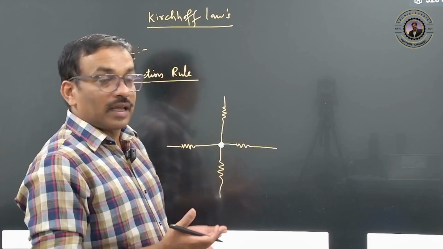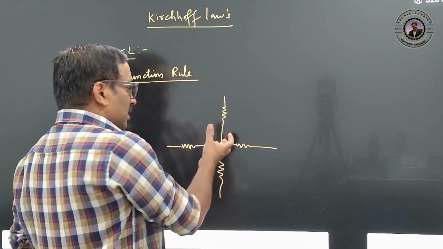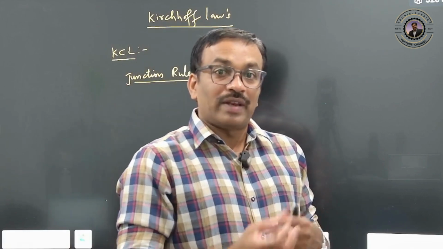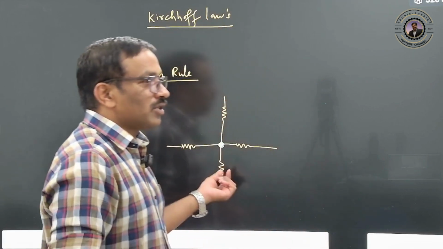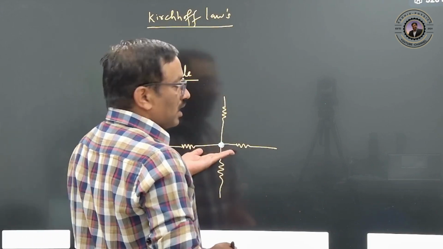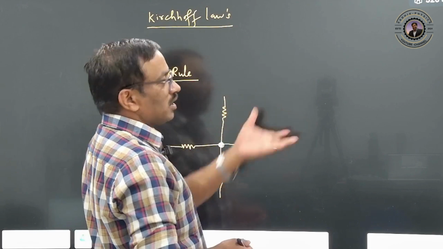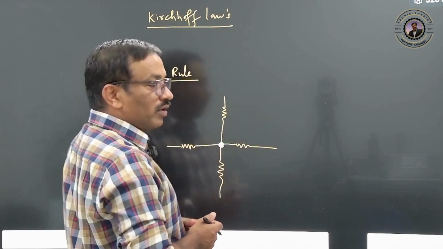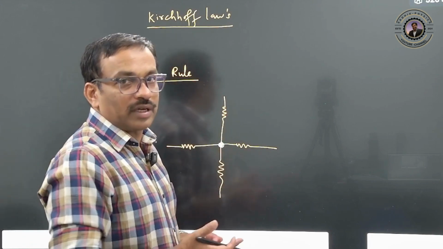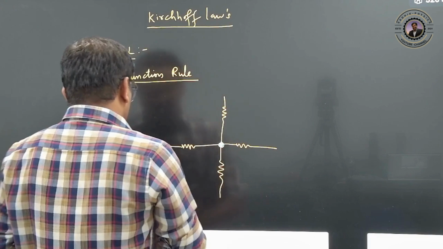Can you tell me, at this junction will the electrons disappear? No. Will new electrons be created? No. Therefore, however many charges are coming in, that many charges are leaving. There is no creation and no absorption of the charges. We cannot create or destroy the charges.